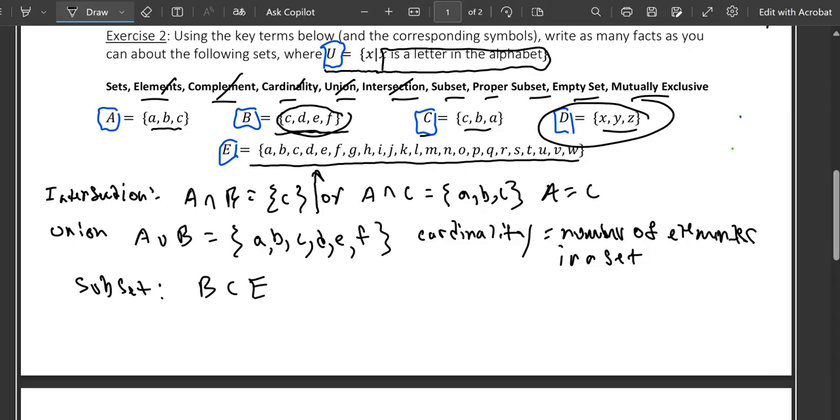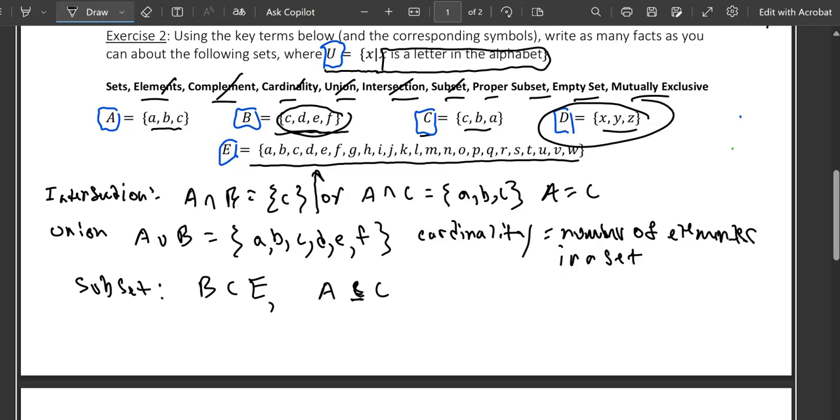What else can I say? So that's subset, and they have this thing called proper subset. So I can say that A, the set A, is a subset of C. Correct? Subset means subset or equal to, called a proper subset, right?